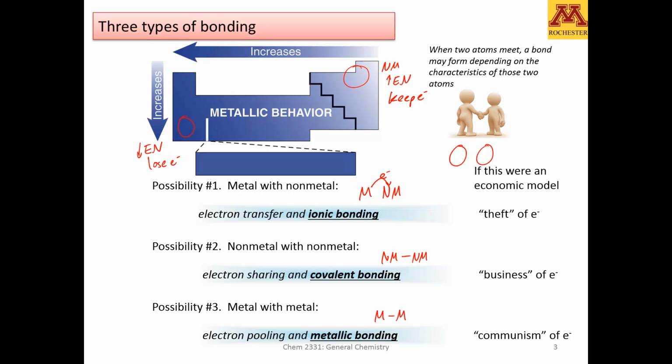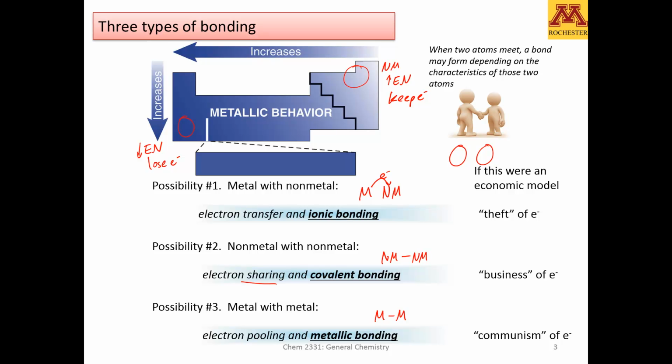The kind of bond that you will have, you can think of it as if this were business. The ionic bonding could be like a theft of electrons, because the nonmetal keeps the electrons that are being exchanged. For covalent bonding, there has to be a partnership, because they actually share the electrons.